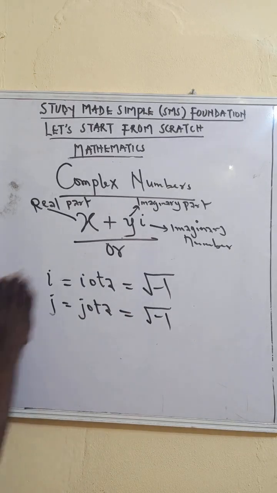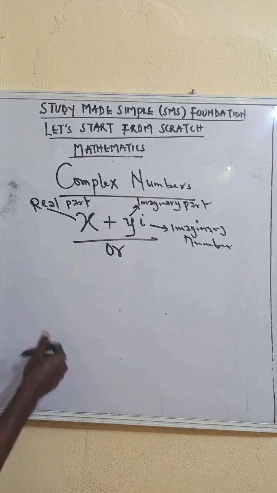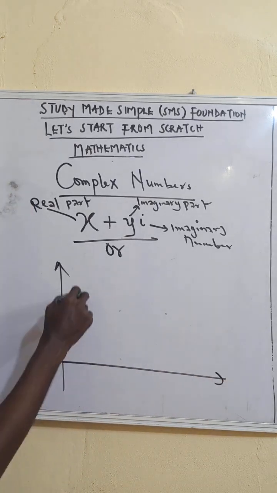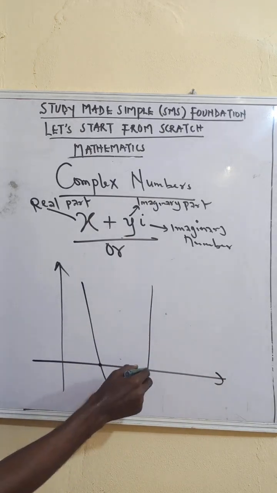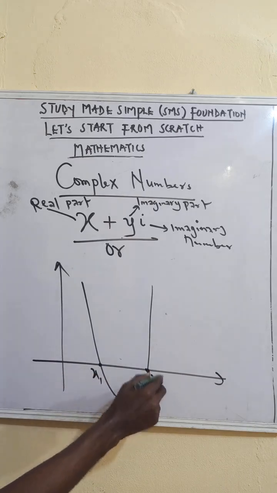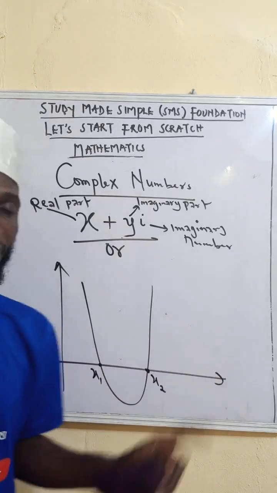So for any quadratic whose solution leads to something like this, generally the graph of a quadratic cuts across the x-axis at 2 points. This is x1 and the other one is x2. These 2 points represent the roots of the quadratic.